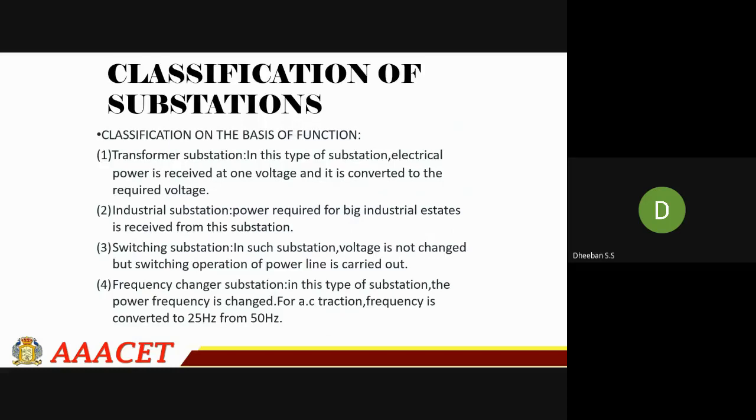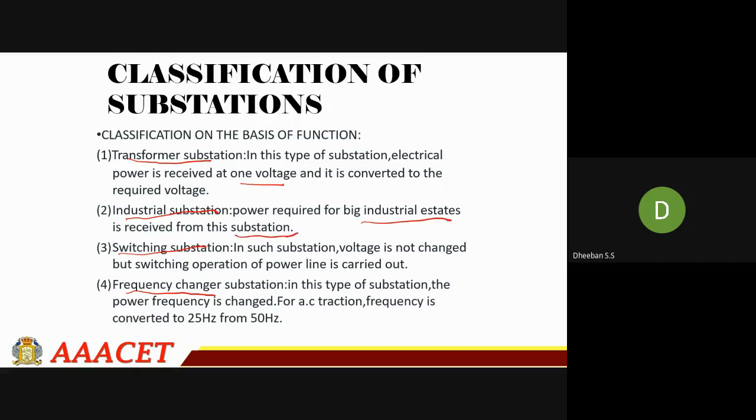The classification of substations: transformer substation, industrial substation, followed by switching substation and frequency changer substation. In transformer substation, the electrical power received at one voltage is converted into another voltage, mainly the step up or step down process. Next is industrial substation. Power required for big industrial estates is received from this substation.